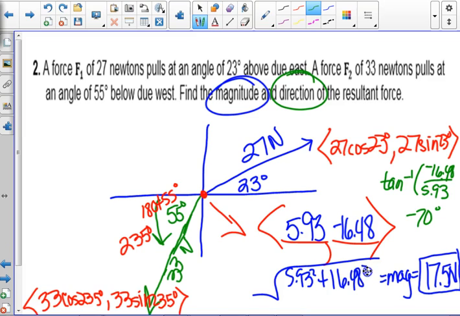Yeah. Can we go back and try to figure out how they would explain that in this problem? If this is a negative 70 degrees here, what might they have said? They said above due east and below due west. 70 degrees below due east.